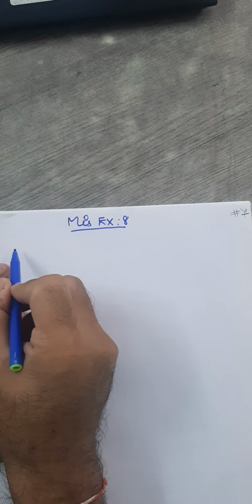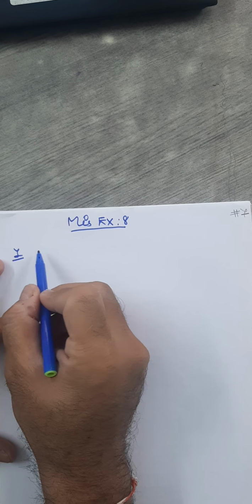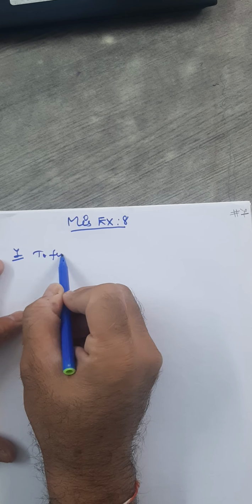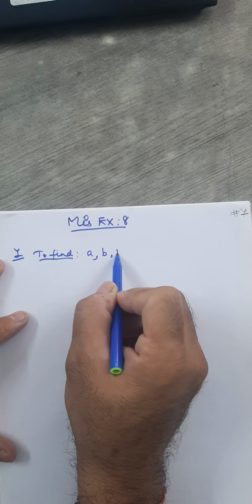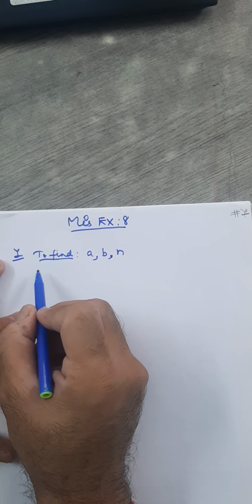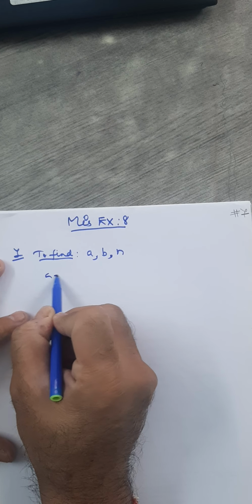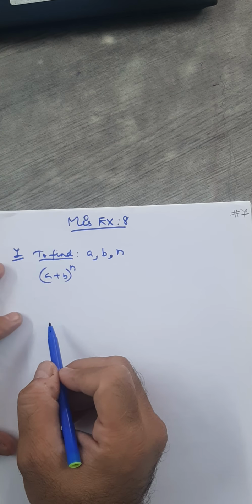So let's continue with the miscellaneous exercise now. Your first question is you are asked to find these 3 unknowns, a, b and n. That's the question. And in the expansion of (a plus b) the whole raised to n, you are given the first 3 terms.